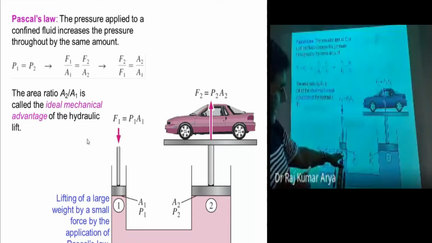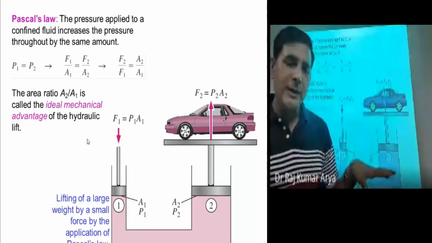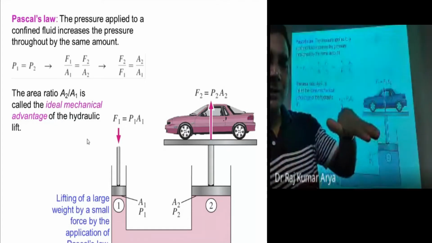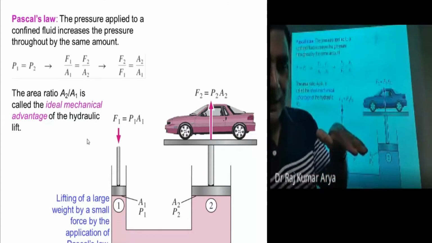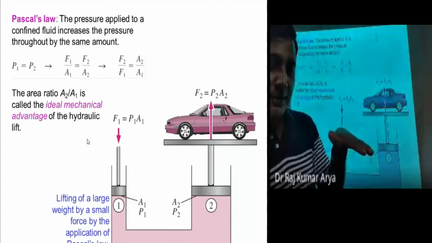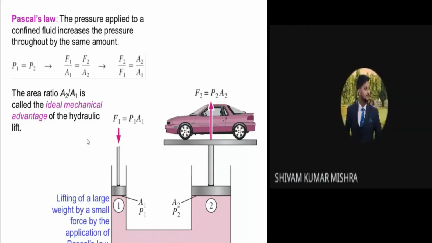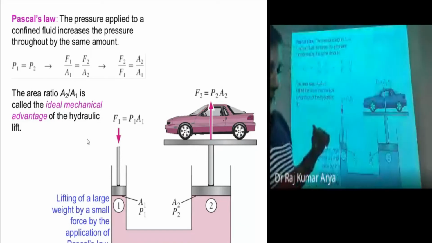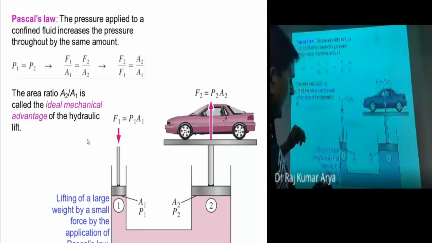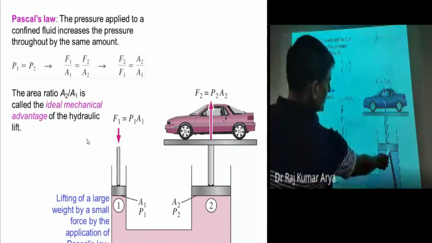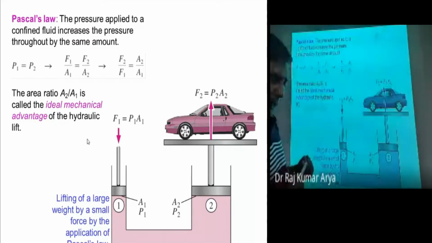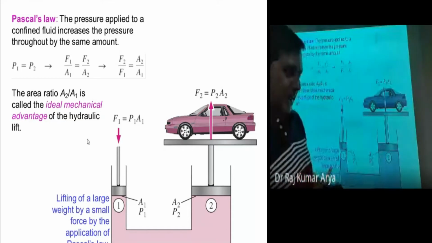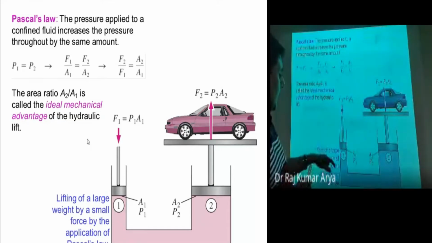We have talked just now that if you are moving in the same fluid in the horizontal direction, there would be no change in pressure, right? Yes, sir. So that's the concept we want to use here to lift this car. These two points are on the same horizontal line, in the same fluid, so the pressure here and here would be the same.